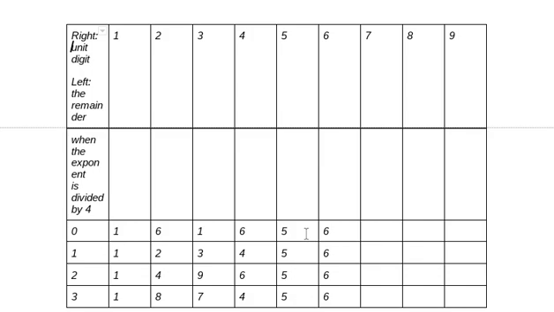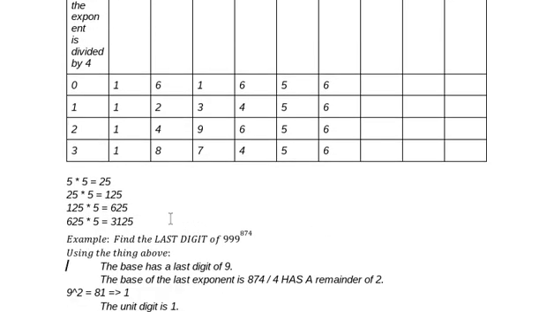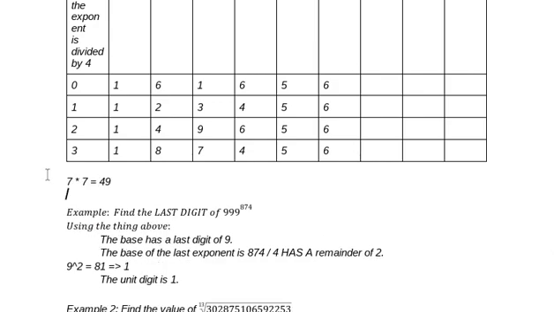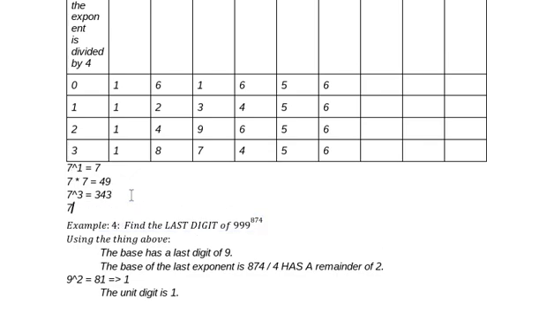Then let's talk about the 7. 7 times 7 is equal to 49. 7 to the power of 1 is equal to 7. 7 to the power of 3 is equal to this. 7 to the power of 4 is equal to 343 times 7, which is 2401.